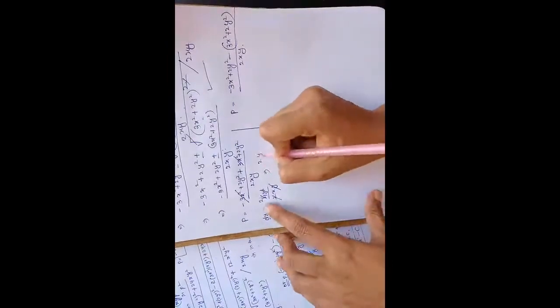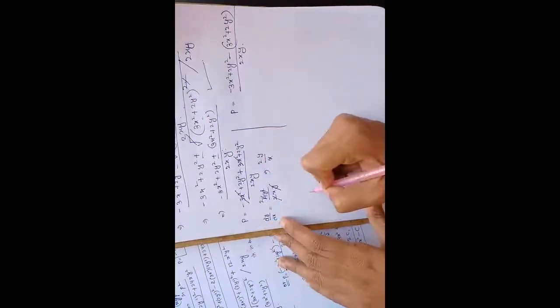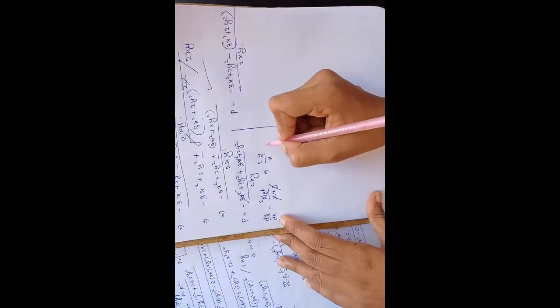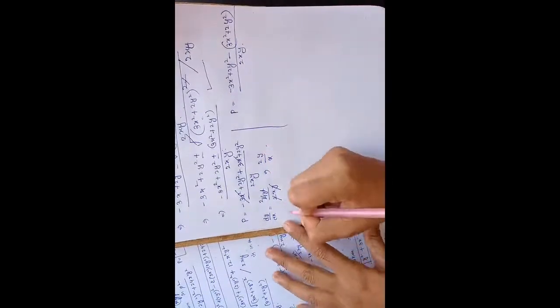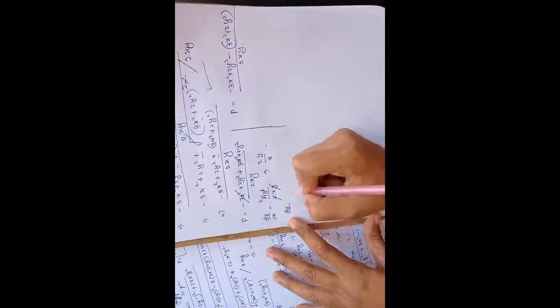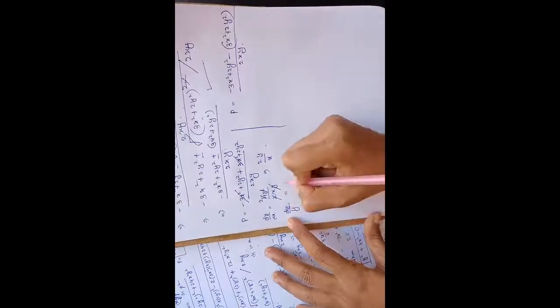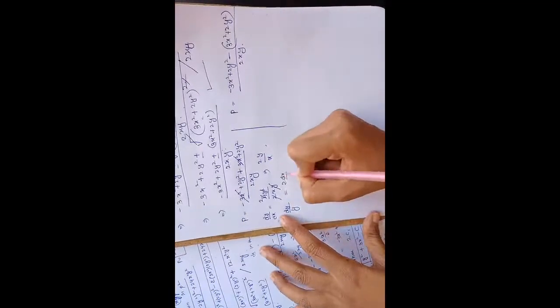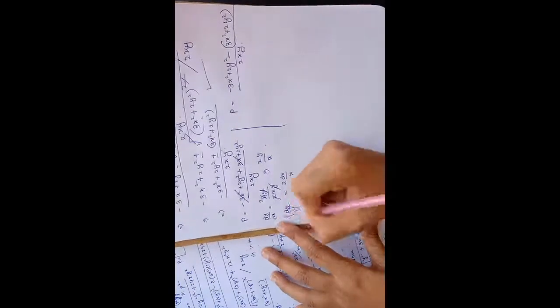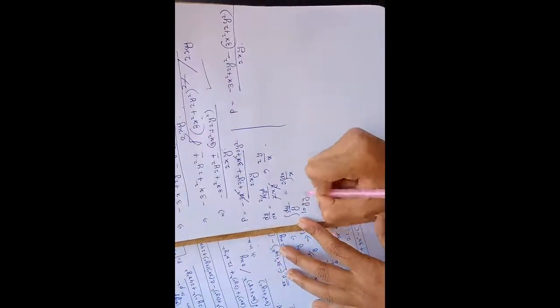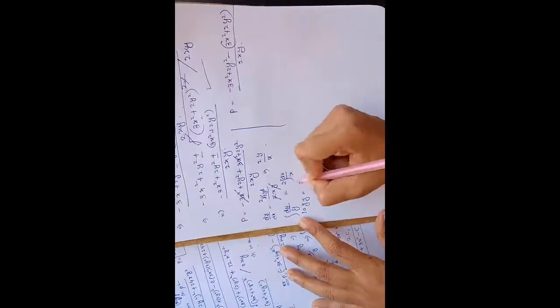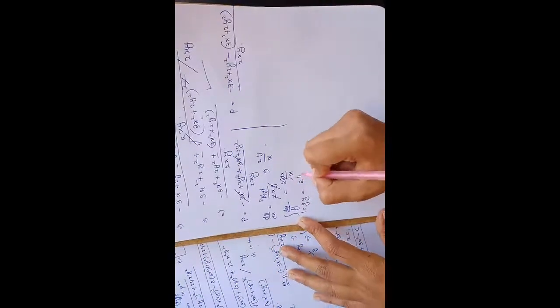So now using the variable separation method, take the y term to the left hand side. So dy by y is equals to 2 dx by x. Okay, so now apply the integration. So dy by y is log y is equals to 2, as it is, dx by x is log x plus constant of integration log c.